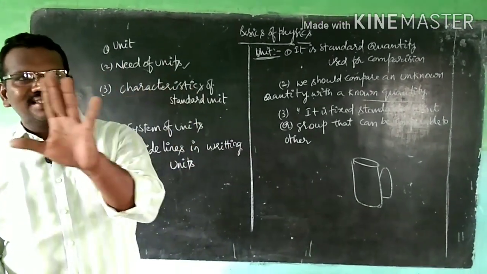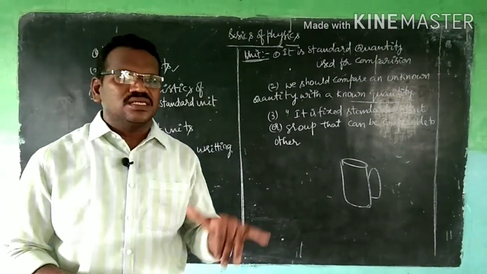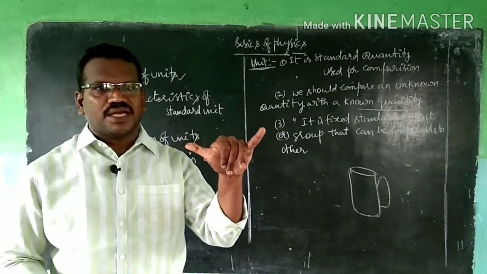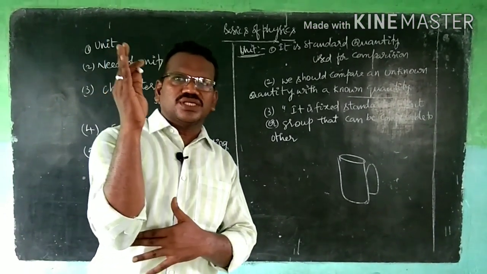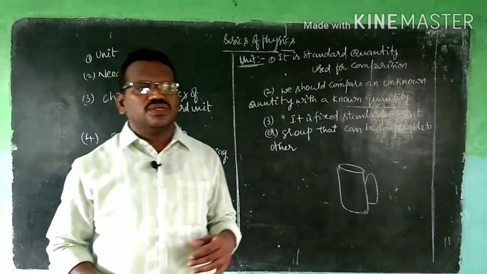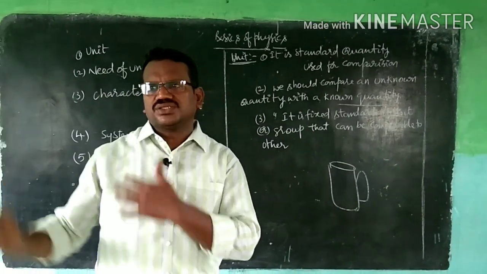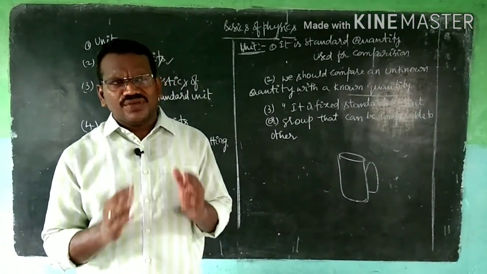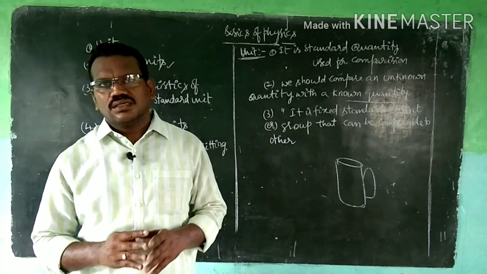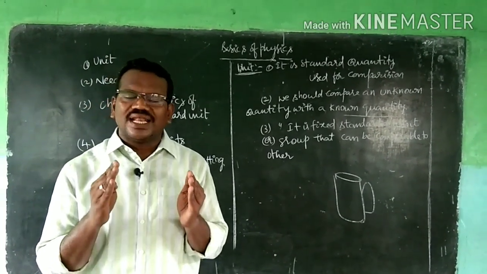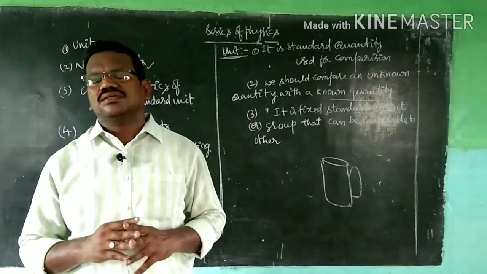To measure length, sometimes we use hand span, sometimes the cubit, different kinds of lengths. If we utilize these, that is not at all an accurate measurement.